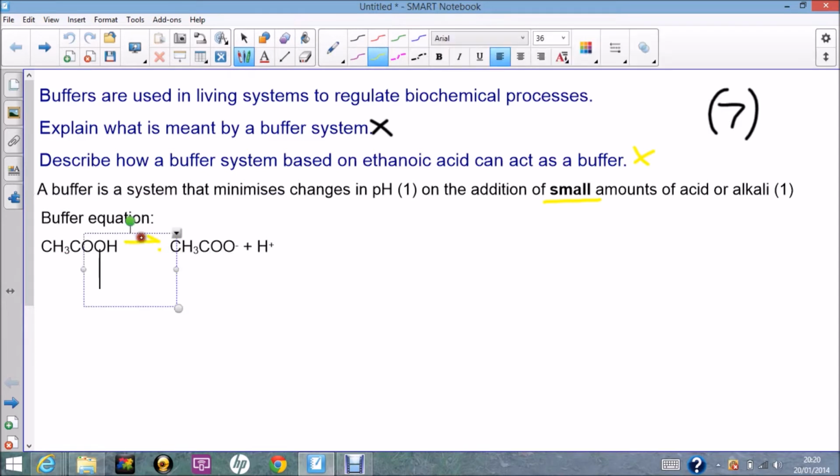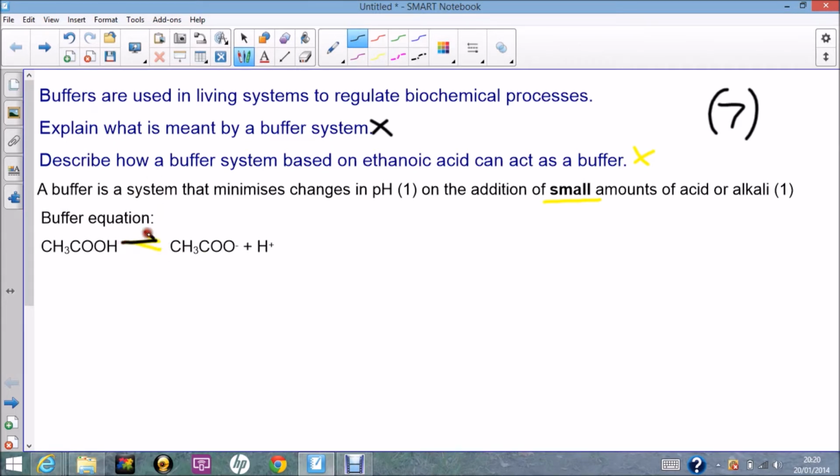You must make sure that they are reversible. So we've got ethanoic acid turning into the ethanoate ion and H+. Remember, this question has not asked us how this buffer is made, so all we're doing is answering how it works. So once we've done that, we'll get 1 mark for that. So now we're on 3 out of 7.